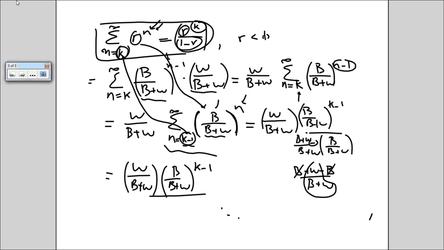I just get w over b plus w. And what do you know? This cancels out, and the final answer is b over b plus w to the k minus 1. That's the probability that it will take at least k draws before the first white ball is chosen.